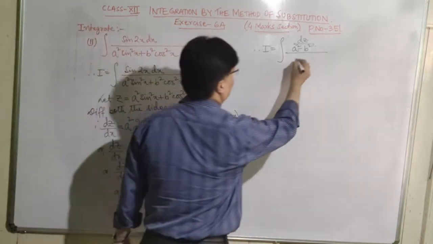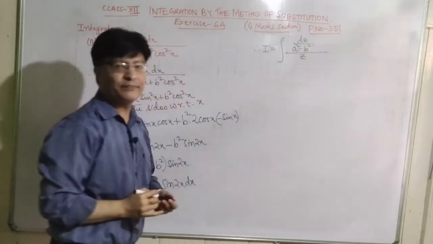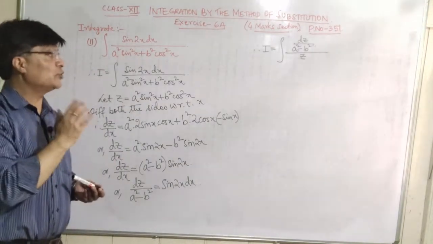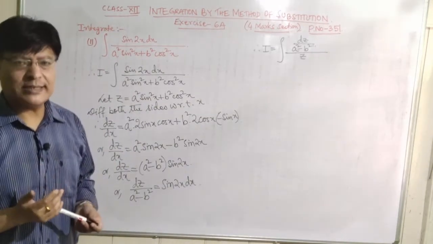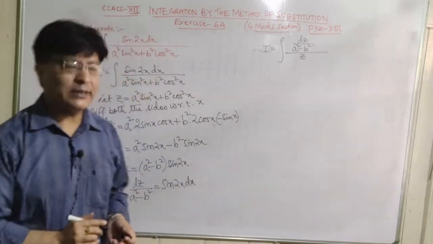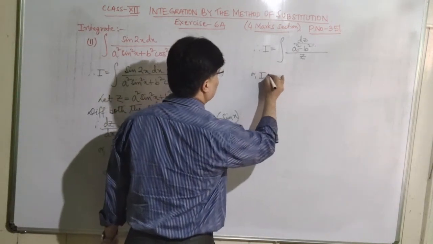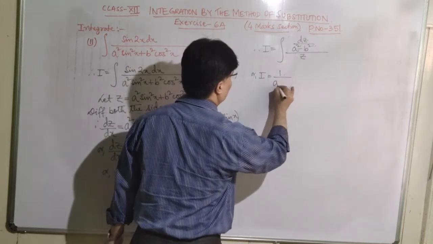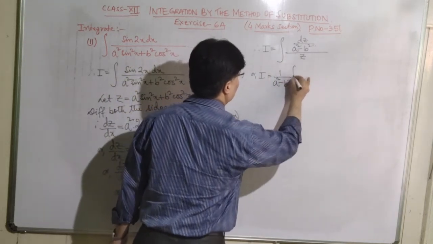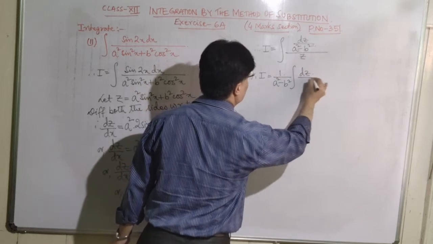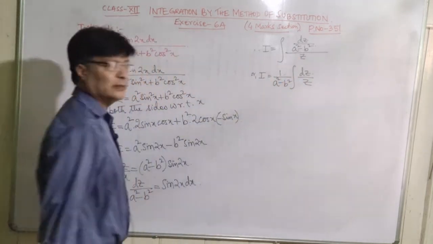It is z. Understood now? Which is the constant term in this case? 1 upon a² − b² is constant in this case. You can take it outside. So I is equal to 1 upon a² − b² integration of dz upon z.